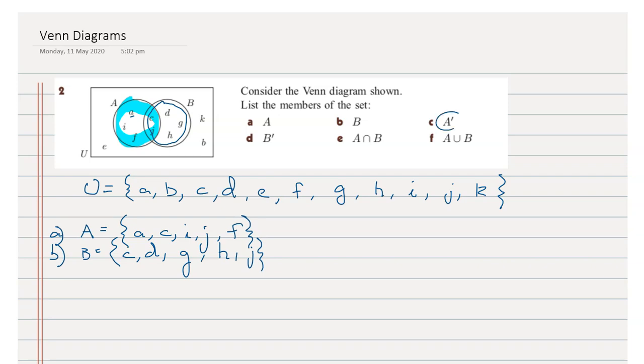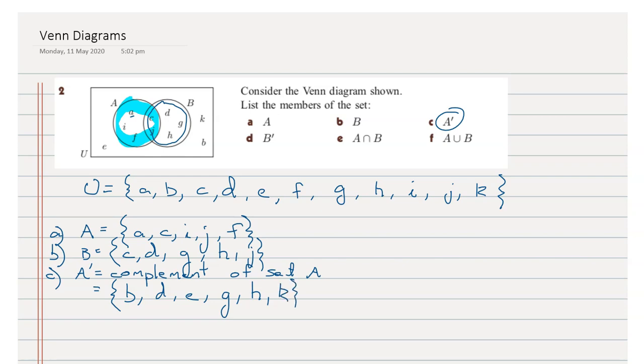Now this is where it starts to get a little different. Notice that it's not asking for set A here, it's asking for everything outside of set A. So when we see this symbol here, the comma above the letter denoting the set, is the complement of set A, and the complement of set A is everything that exists outside of A. So looking at the universal set, there's A and A, but B is not part of A, so I'll write B. And then D, E, F is a part of it, G is not a part of A, so I'll put down G. H is not a part of A, and I and J are a part, and K is not.